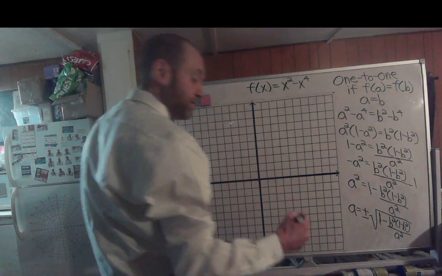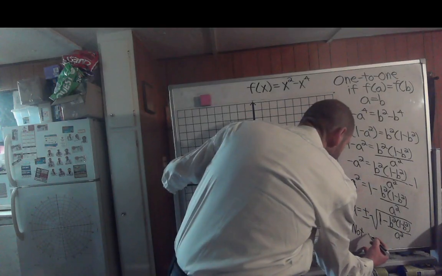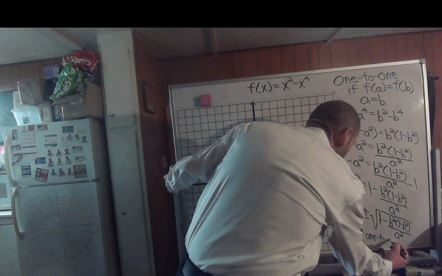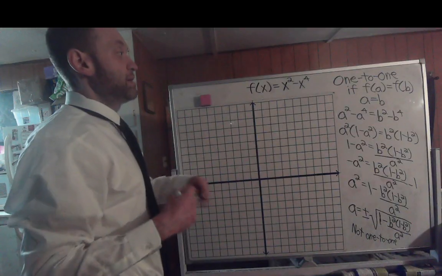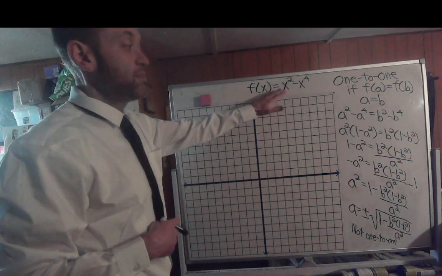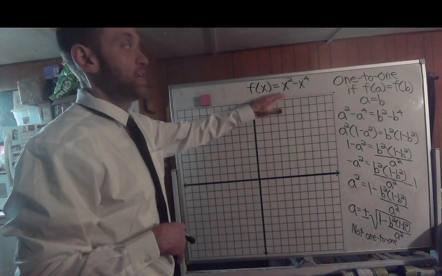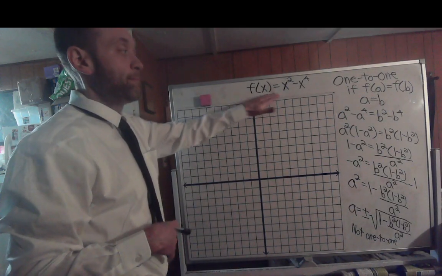So this is definitely not 1 to 1. This is definitely not a 1 to 1 function. In fact, I think you're going to find that pretty much every even power polynomial function is not 1 to 1.